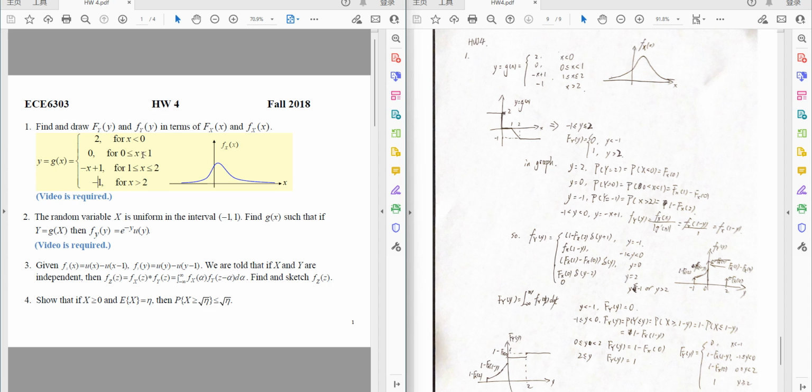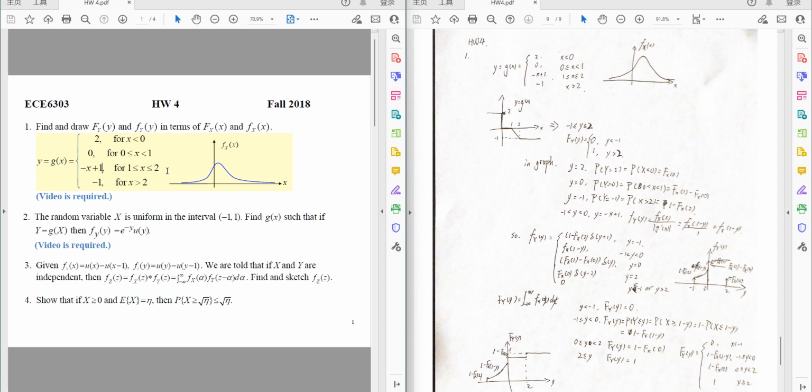And x between 0 and 1, the y is equal to 0. When x is between 1 and 2, y becomes negative x plus 1. When x is bigger than 2, the y becomes negative 1.